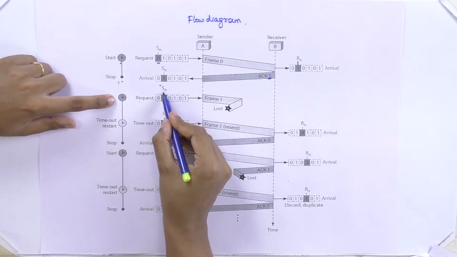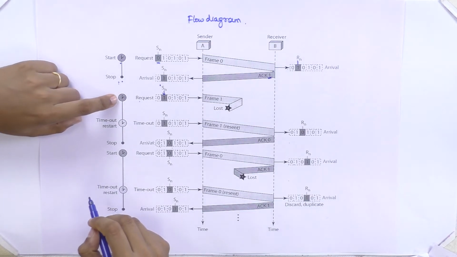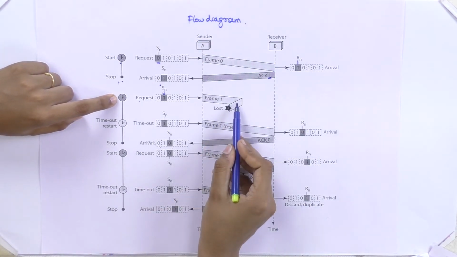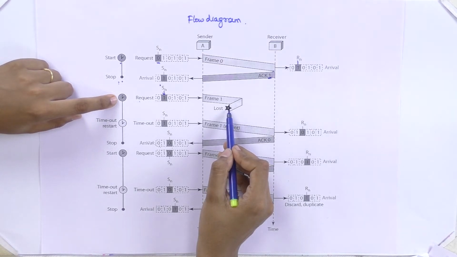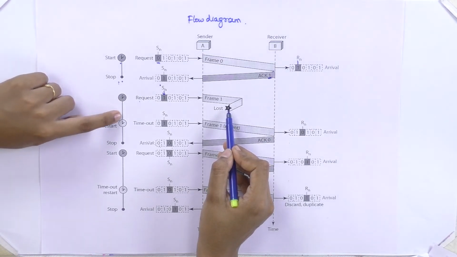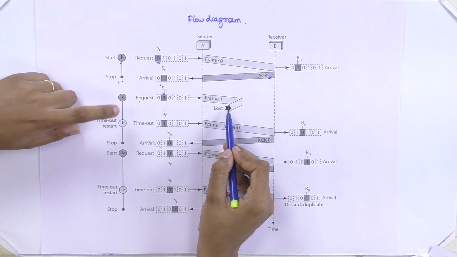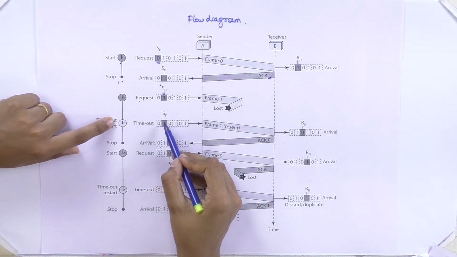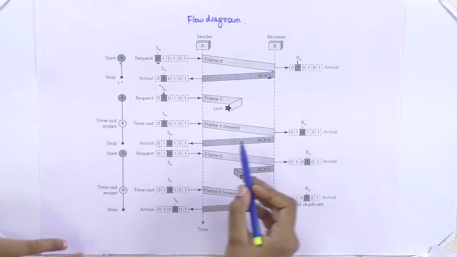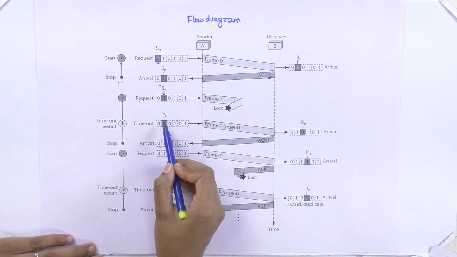So next I am sending 1, the timer starts, and upon transmission my frame 1 has been lost. So the timer will expire, so that the sender will know that the frame has not yet reached my receiver.